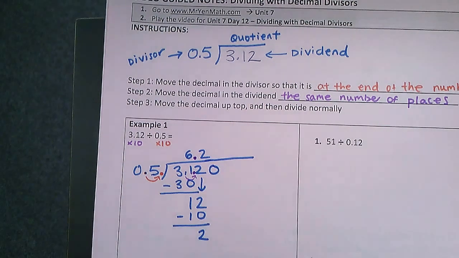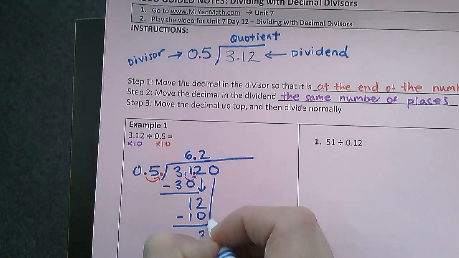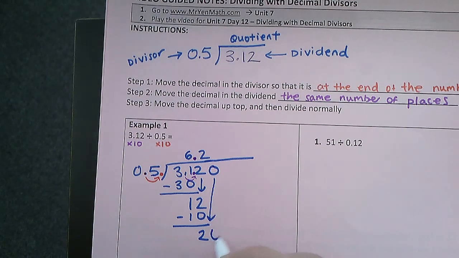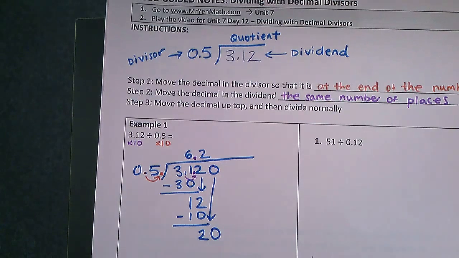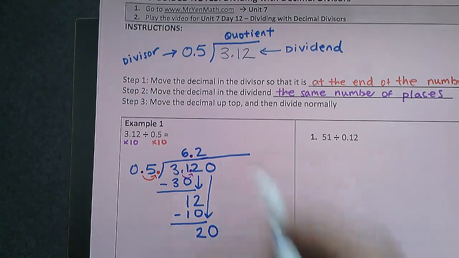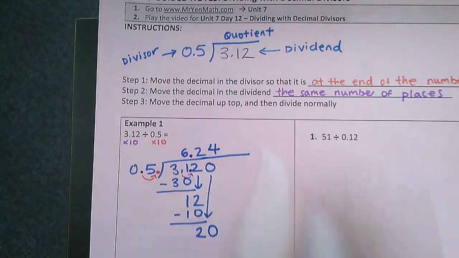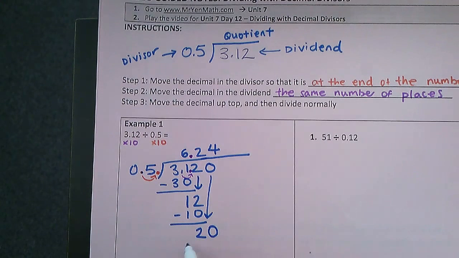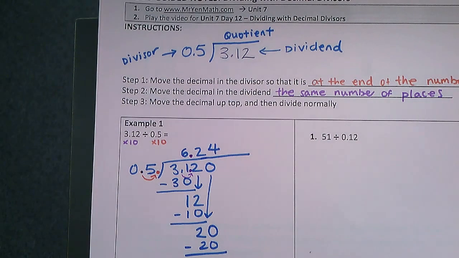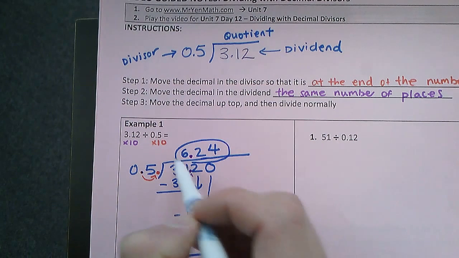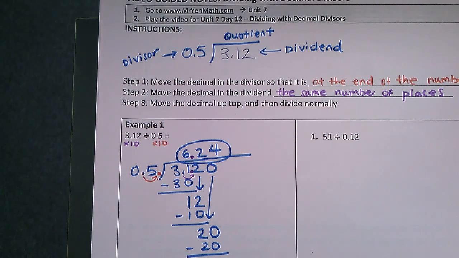So I can add a 0 here. Bring down that 0 to this remainder of 2, and now I have 20. How many times can 5 go into 20? 4 times. 4 times 5 is 20. 20 minus 20 is 0. No remainders left, and now I'm done dividing. So 6.24 is my answer here.